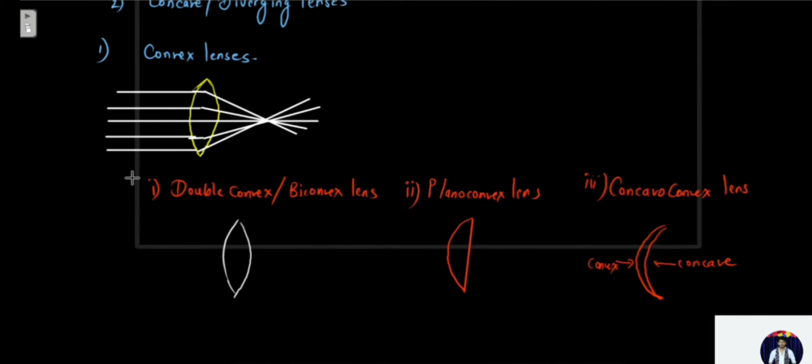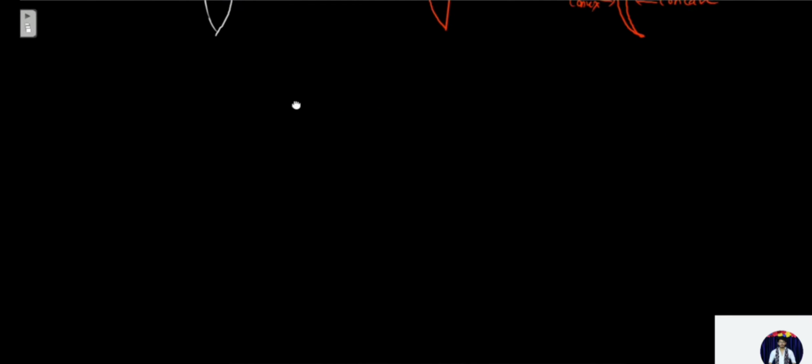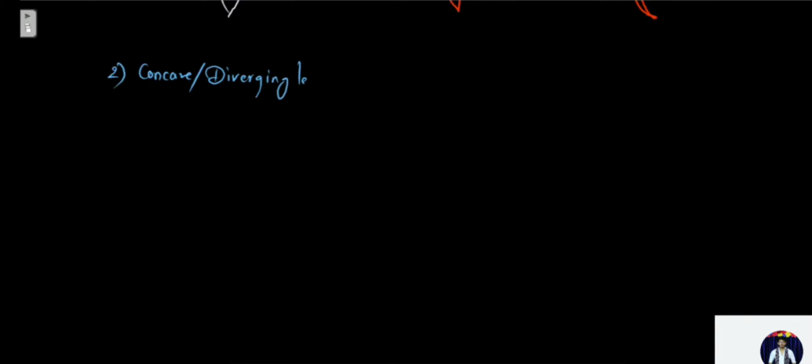Coming to the diverging lens or concave lens, the second type in the broad classification. This type of lens is thinner at the center as compared to the edges.